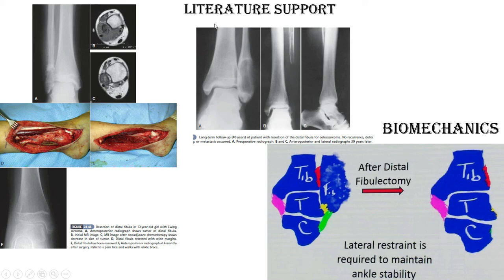Now, on literature review, I can see there are some cases where they go for sacrificing this lateral malleolus. But in our standard textbooks, they also say that to maintain ankle stability, you have to put some lateral bony support.